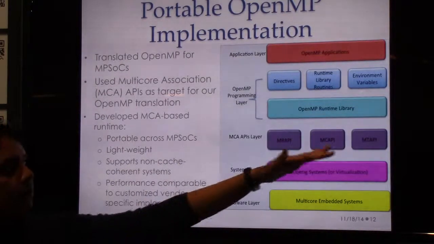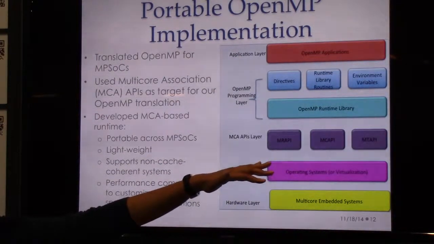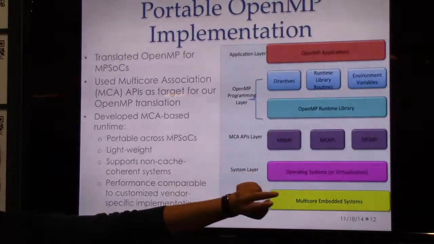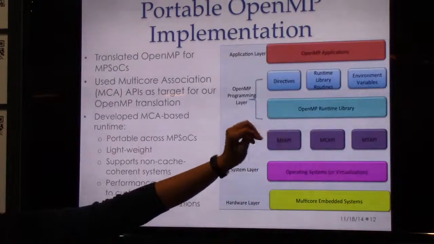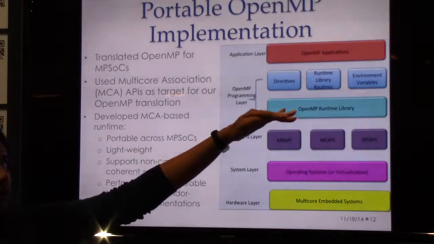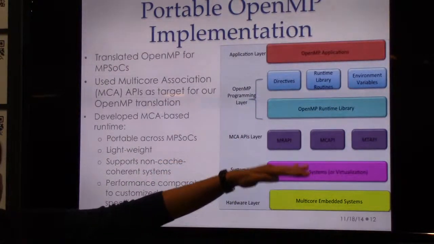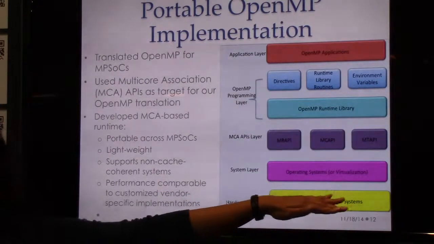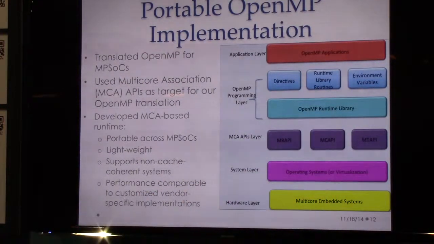That's where this layer comes in. The earlier Mickey Mouse diagram that I showed you did not have this layer. You had the runtime library and you had an operating system. The MCA layer is the one that is sandwiched between the runtime library and the operating system, which identifies the resources of this multi-core embedded system.